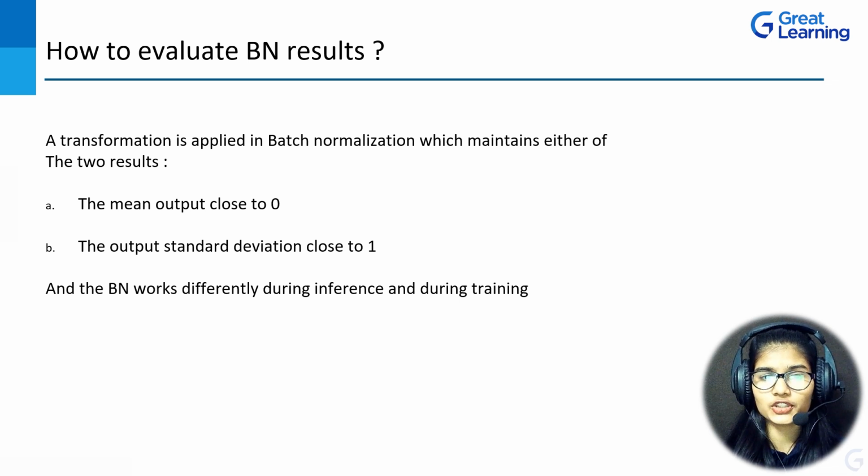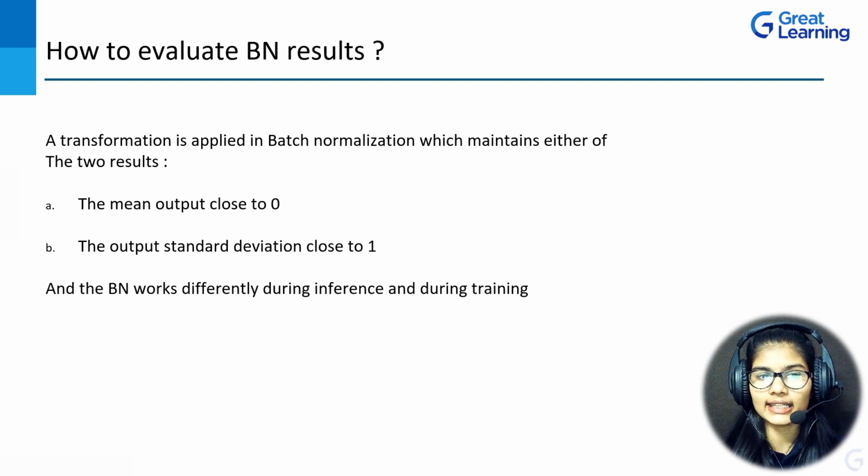And there I told you two things. First of all, from whatever the layers are, we subtract the mean of the mini batch. Now, that respective output could be close to 0, the mean output close to 0.